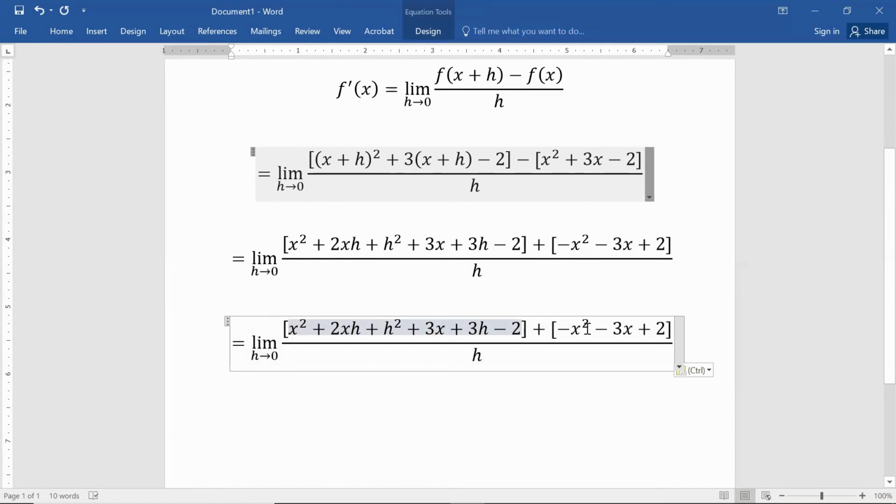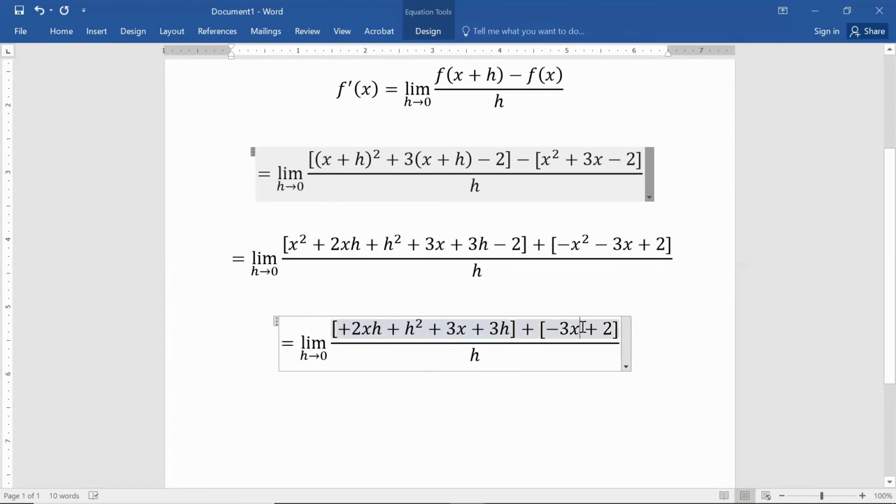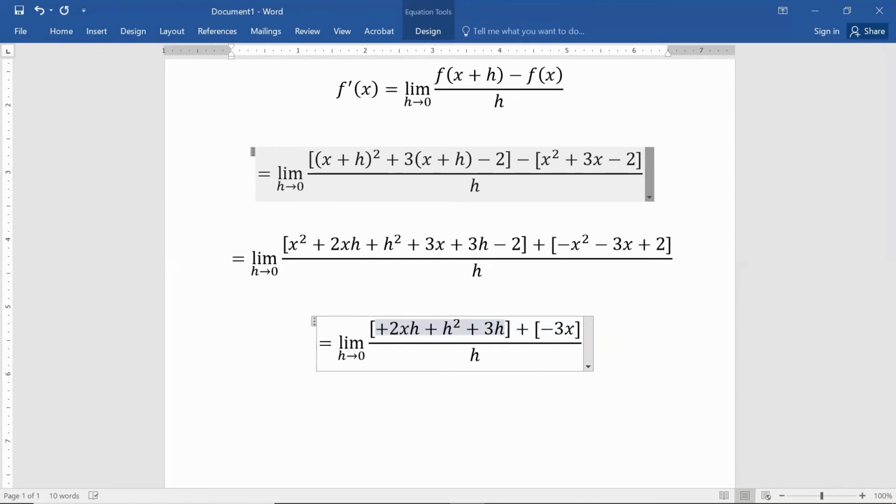Because I distributed that negative sign, I'm going to combine all the like terms on top. So the x squared and the minus x squared cancel each other out. We have a minus 2 and a plus 2 that cancel each other out. And I have a 3x and a minus 3x, which cancel each other out.